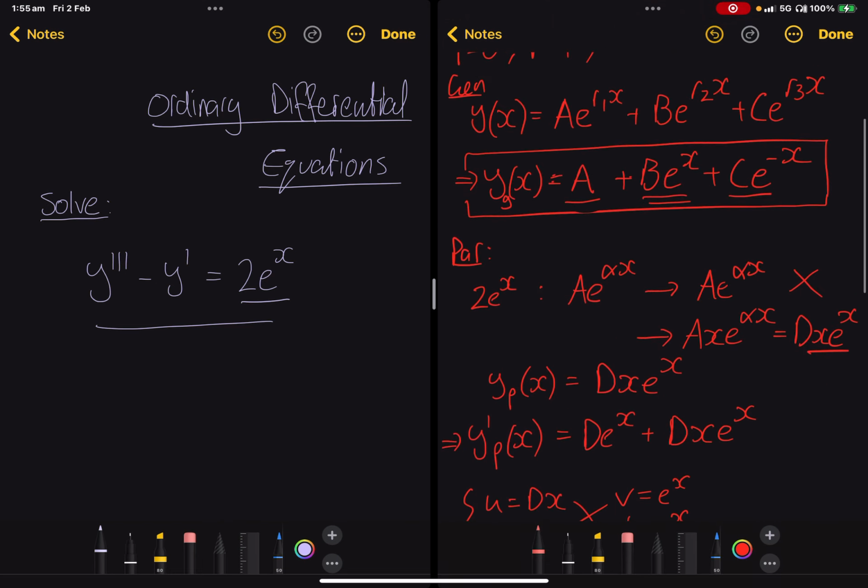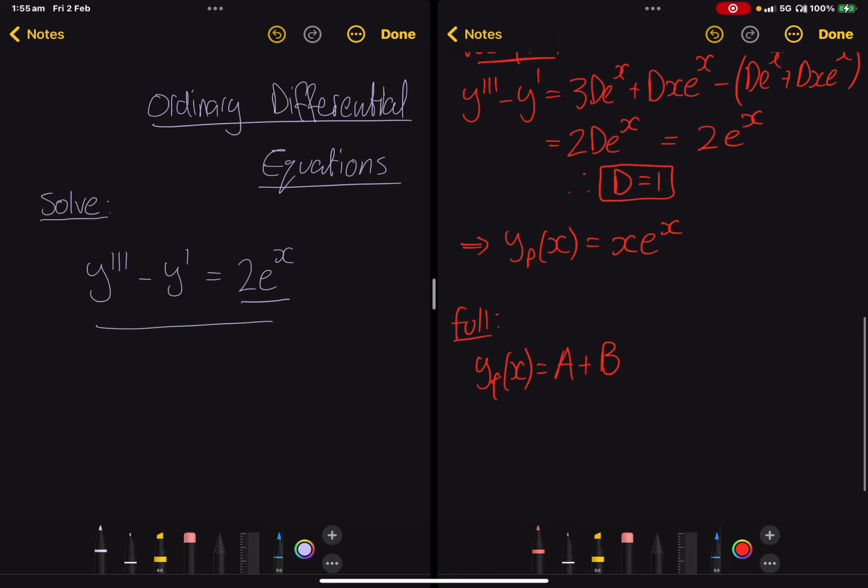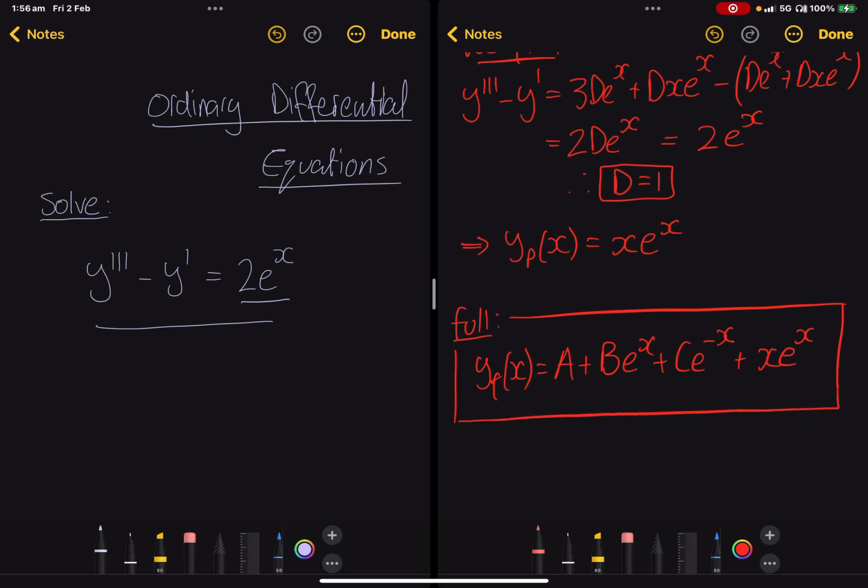So we had our general solution b e to the x plus c e to the minus x, plus we've just found out that d is equal to 1, and our y particular consequently is x e to the x. This is plus x e to the x. And this is our full solution for this particular differential equation.